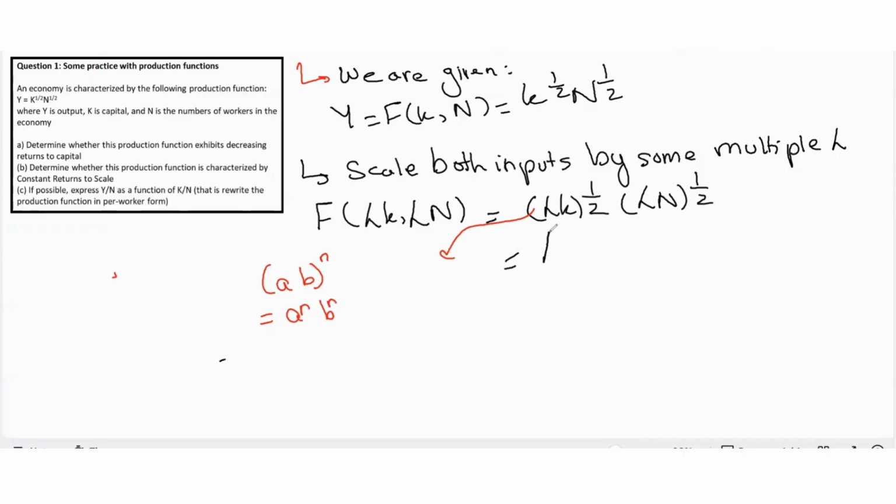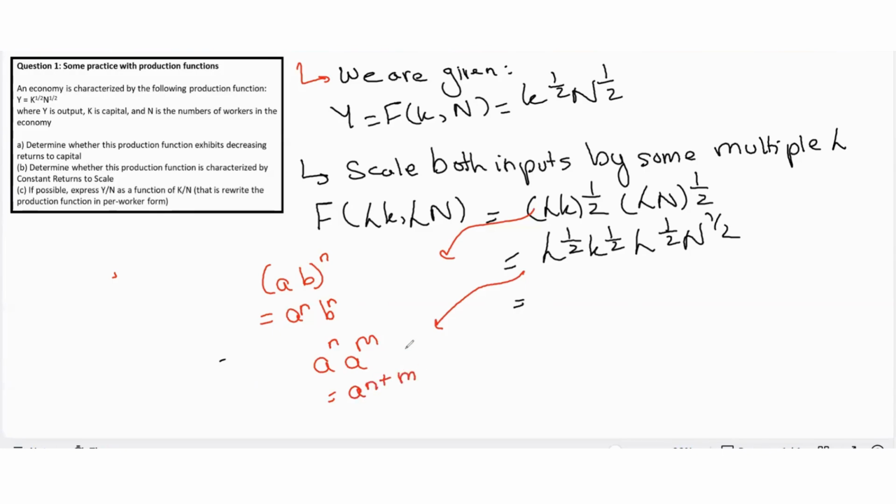Based on this, you can write this as lambda to the 1 by 2 times K to the 1 by 2, and similarly lambda to the 1 by 2 times N to the 1 by 2. We'll apply another rule of exponents: when you multiply like bases, you can add the powers up.